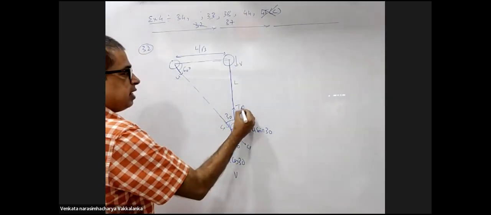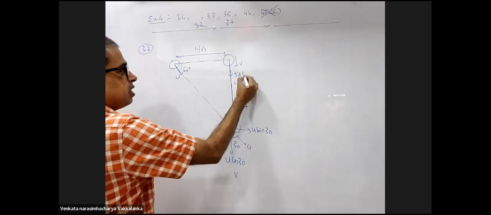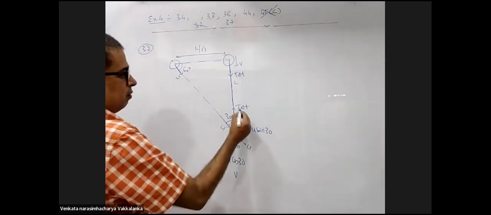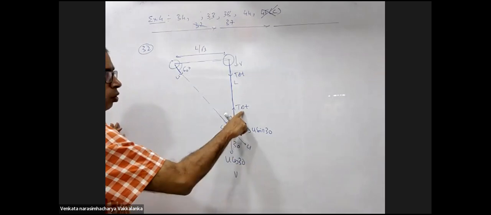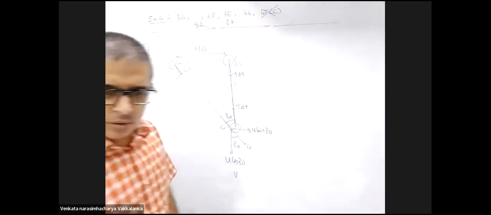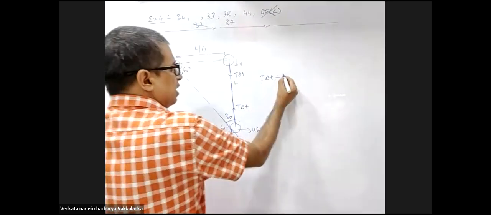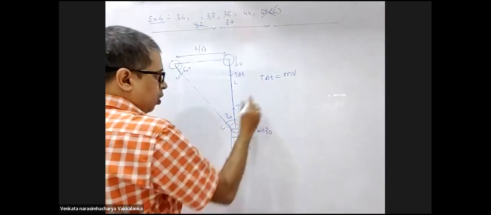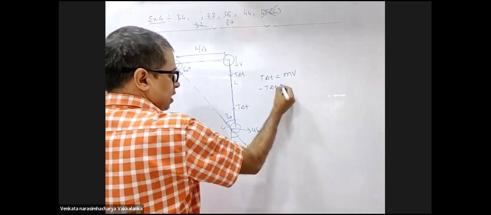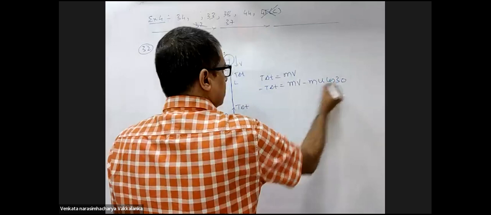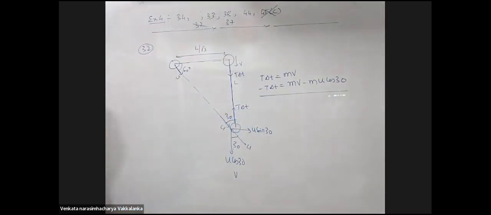Now this will be T delta t. The part that is perpendicular to the string will not remain. Oh, so the string is vertical. Yes, got it, sir. What did they ask you in this particular question? They asked for T delta t only. T delta t is equal to, both masses after being identical, M into v, or minus T delta t is equal to m into v minus m into u cos 30. Yes, sir.